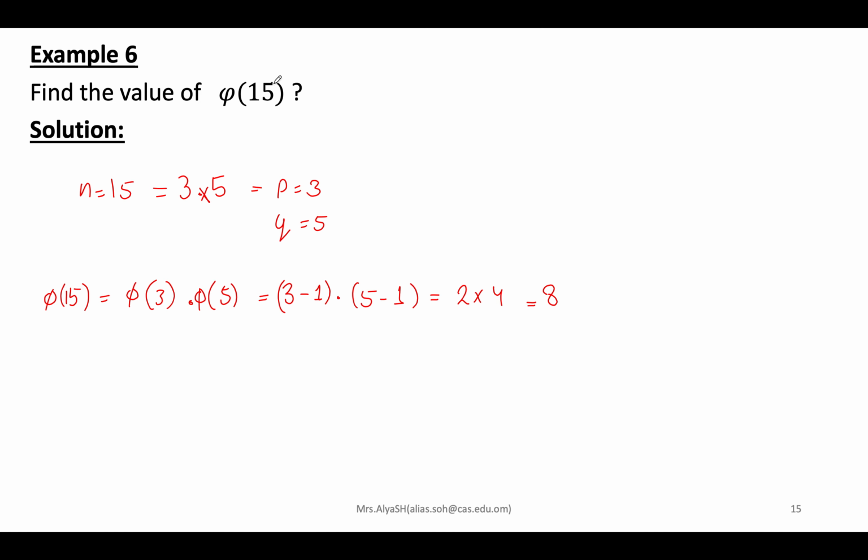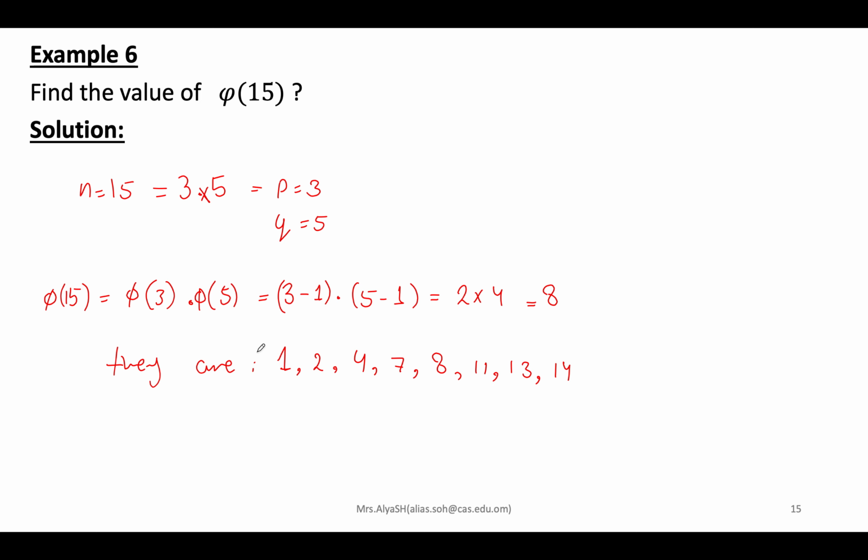Now in 15 there are 8 numbers that are relatively prime to 15, and they are, here we go: 1, 2, 4, 7, then we got 8, 11, 13, and 14.